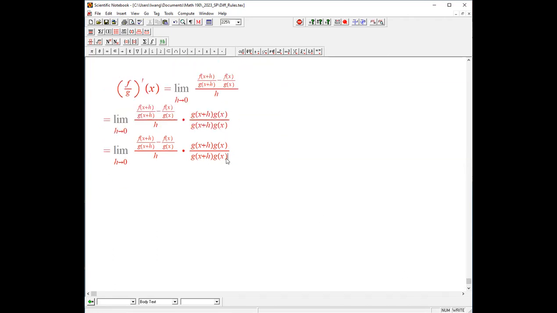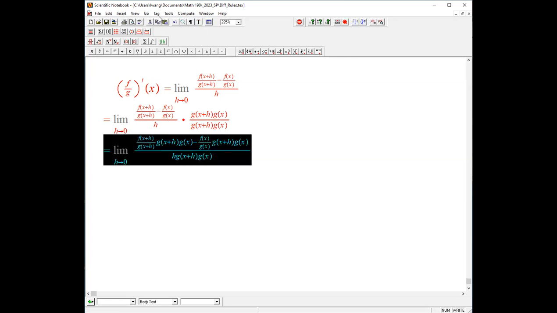And next, denominator times denominator, numerator times numerator. So we're going to multiply, and this is removed, and we're going to reduce it.